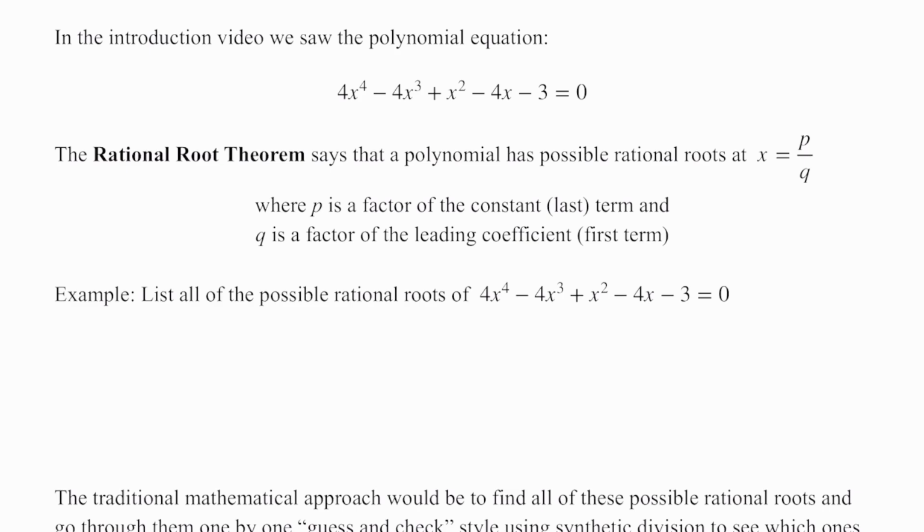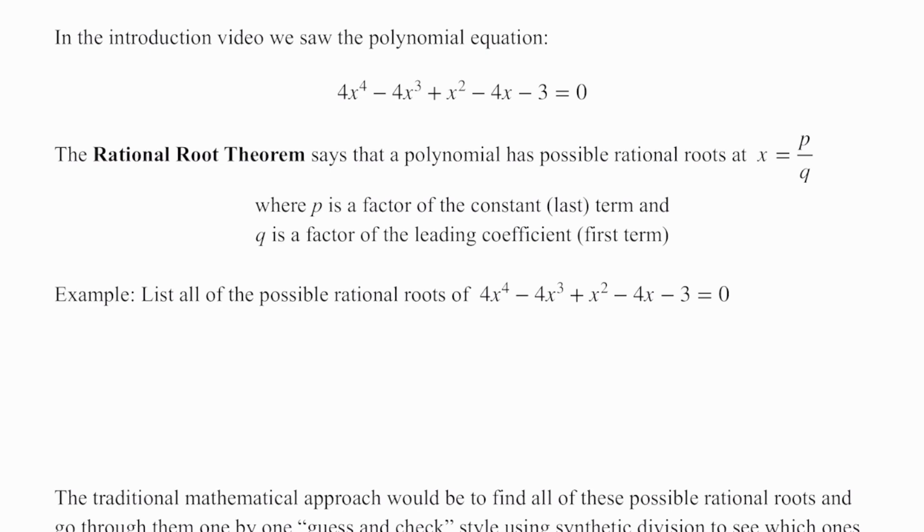If it can't be written as a fraction, something like the square root of 17, which doesn't have any sort of pattern to it, that is an irrational number. So this theorem allows us to figure out the possible rational roots of a polynomial equation.